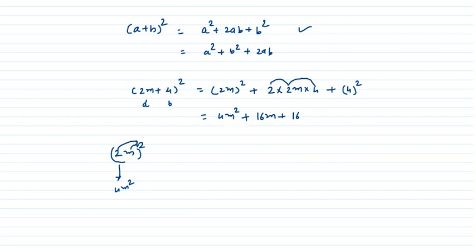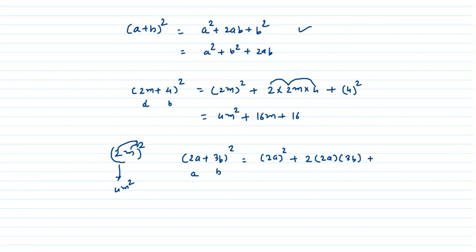Again, they might give any number here. Let's take another example, like 2a plus 3b whole square. Again, first term square, that means 2a whole square, plus 2 into first term. First term is 2a, second term is 3b. Your whole number is considered as a, so please consider it that way.